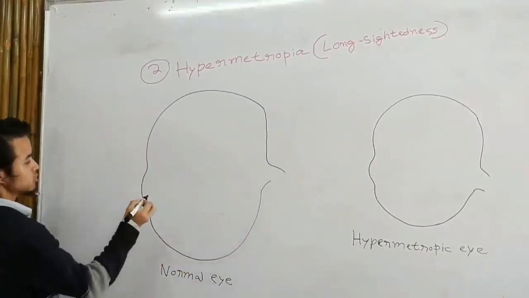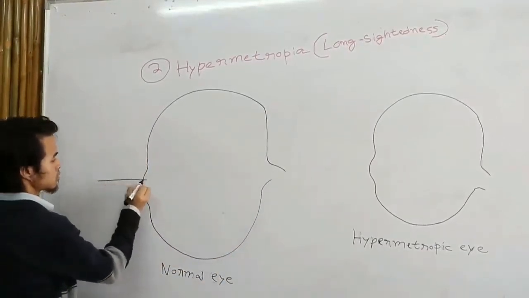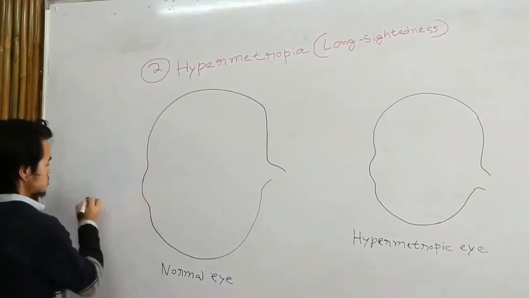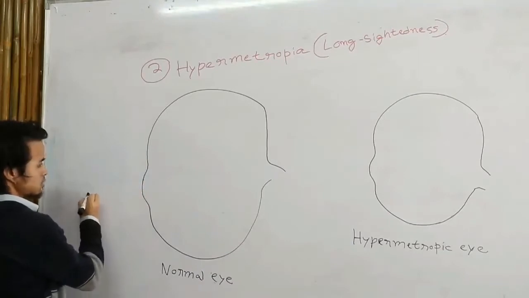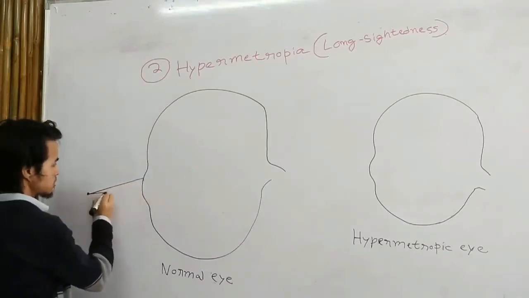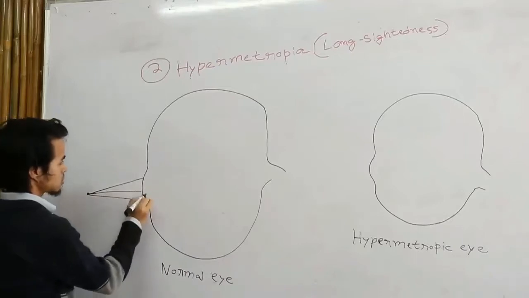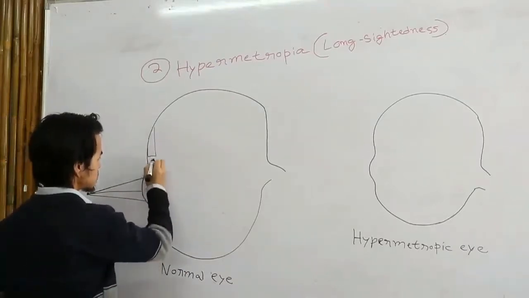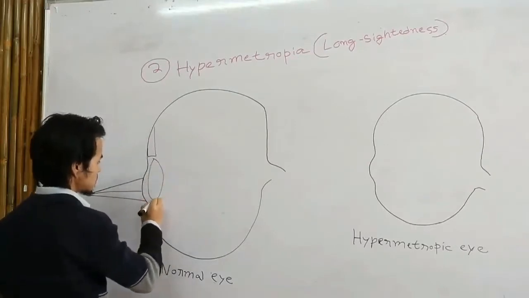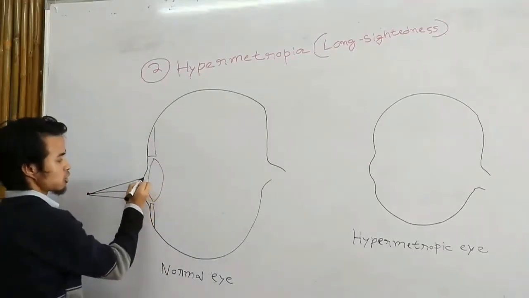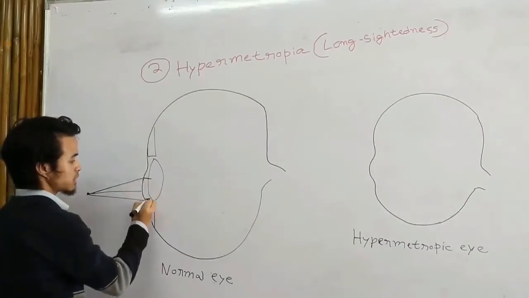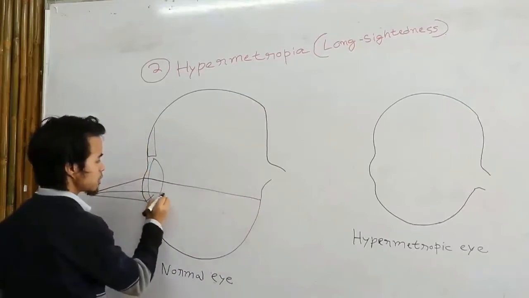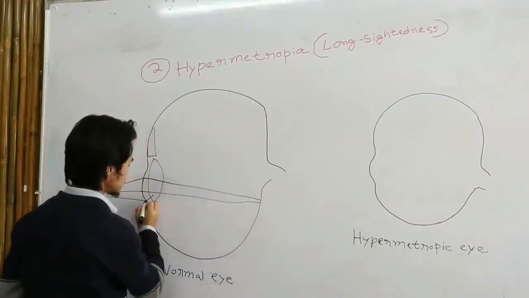So suppose the light rays are coming from near objects. Suppose this is an object, and the light rays enter the cornea. We have a crystalline lens somewhere here. The light rays on entering the cornea get refracted or bent, and then the crystalline lens further bends those light rays.